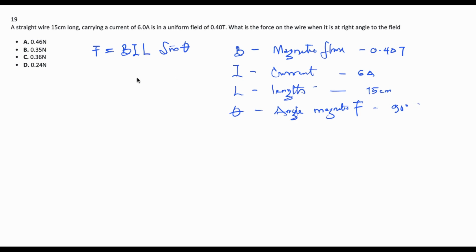So if we plug this into our equation, we'll have that F is equal to B, 0.4, multiplied by I, which is 6, multiplied by L, which is 0.15 meters, sine 90. So F is equal to 0.4 times 6 times 0.15. We know that sine 90 is equal to 1. So our answer here is equal to 0.36 newtons. And the option here is option C.